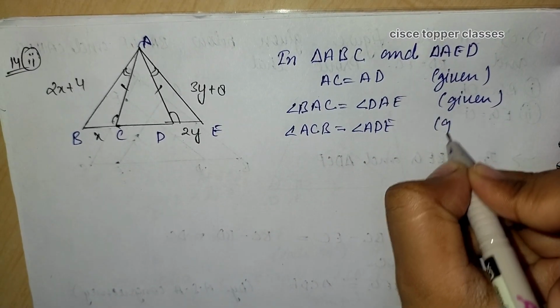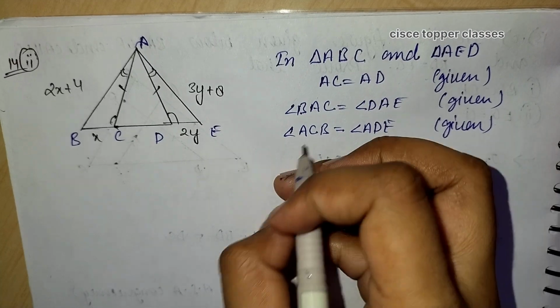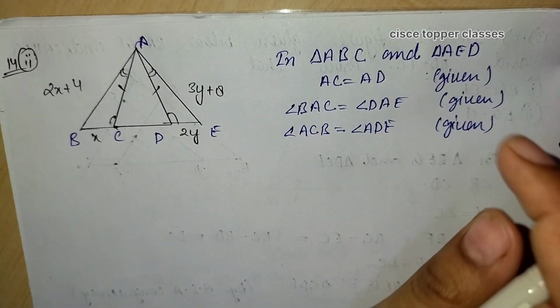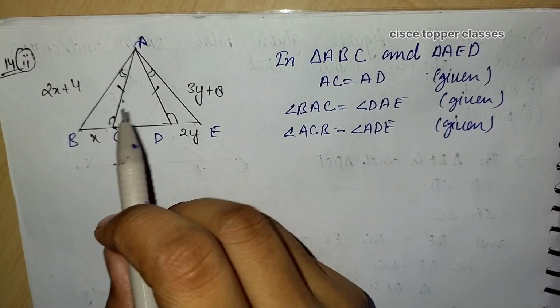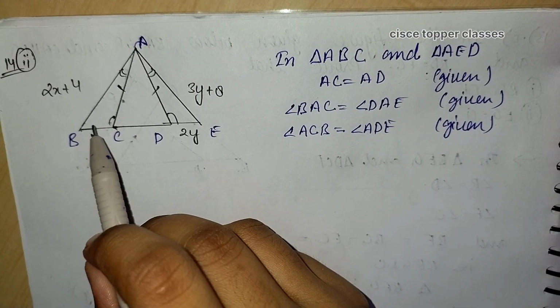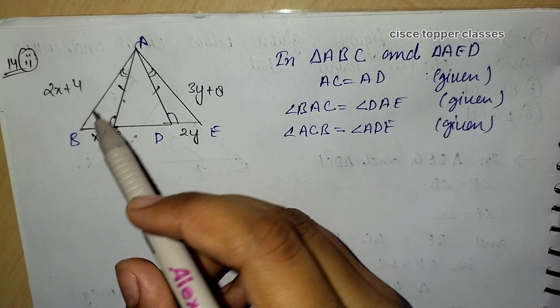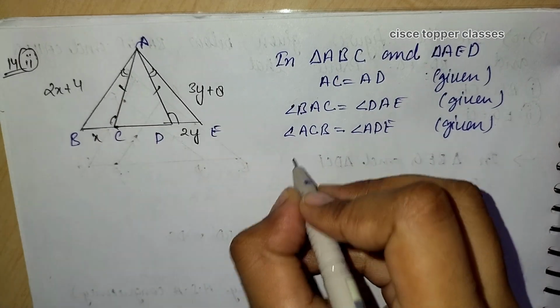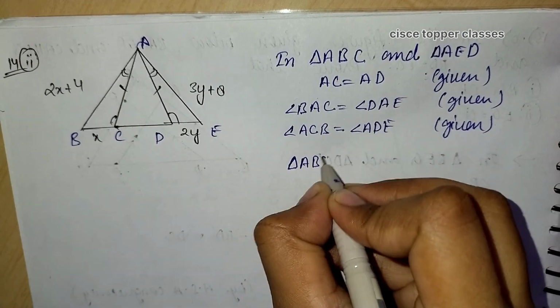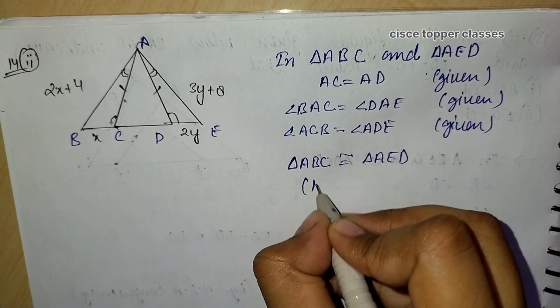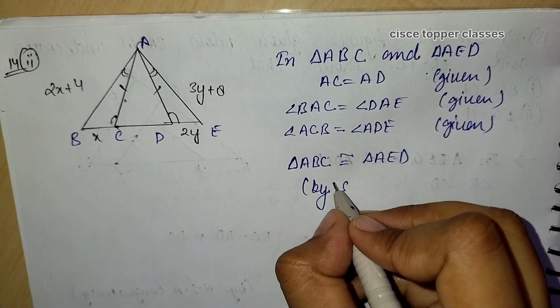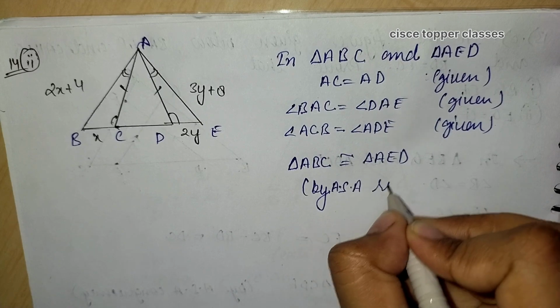This is also given to us in the diagram. From these three pieces of given information, by the angle side angle rule of congruency, because AC is equal to AD, we can say that triangle ABC is congruent to triangle AED by the ASA rule of congruency.